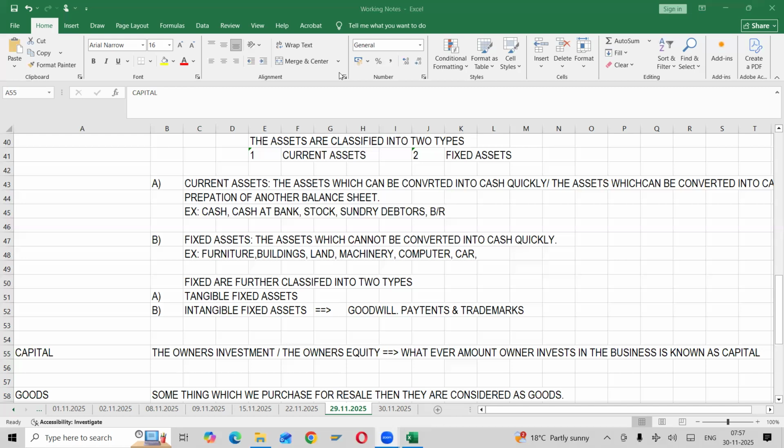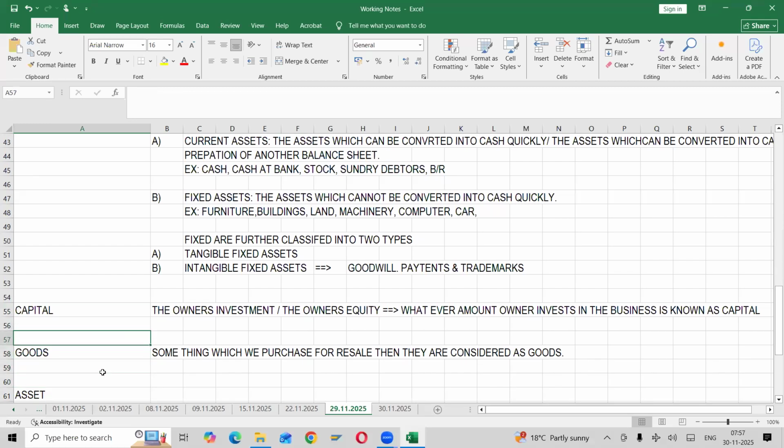Now you understood the difference between goods and an asset. Something which we purchased with the intention of resale, or where your nature of business is reselling, is your goods. And something which you want to use for your business purpose becomes an asset.